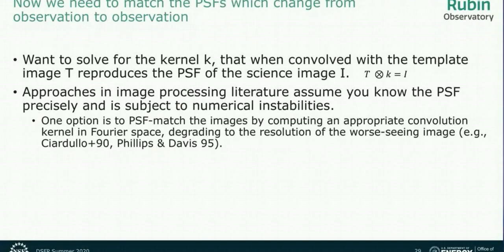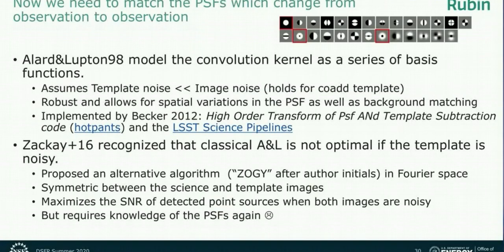So this was a problem. In '98, Alard and Lupton modeled the convolution kernel as a series of basis functions. This was robust and allowed for spatial variations in the PSF. You could actually solve for this kernel using least squares.